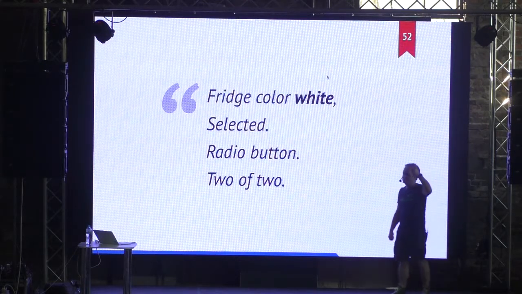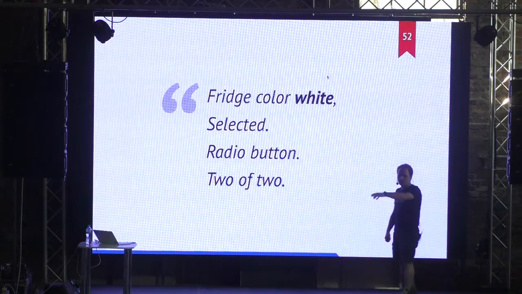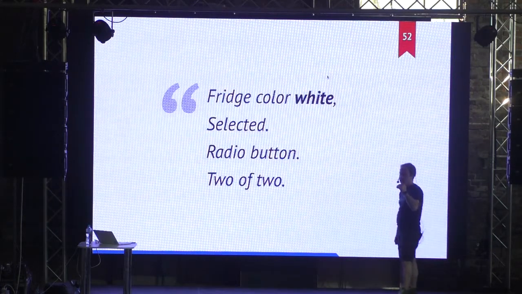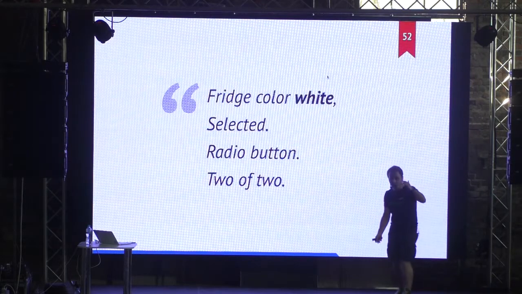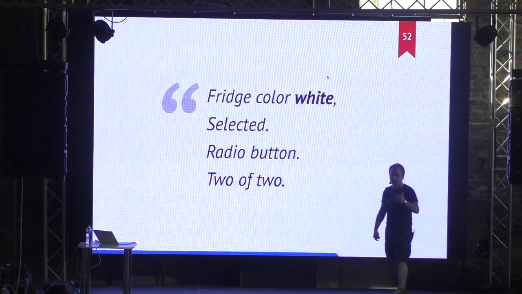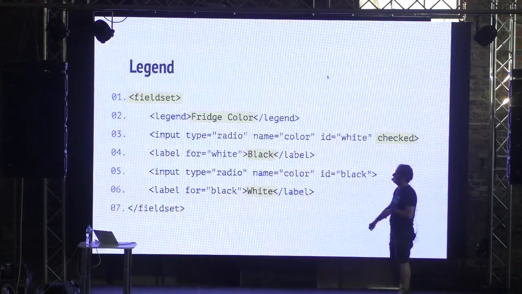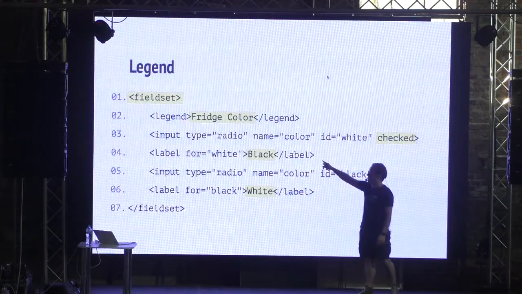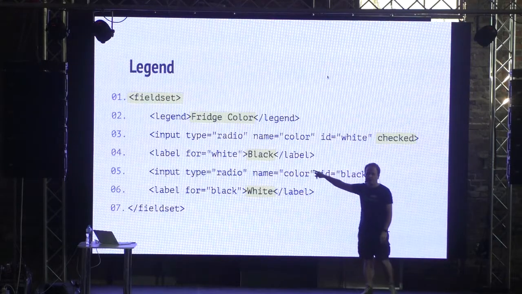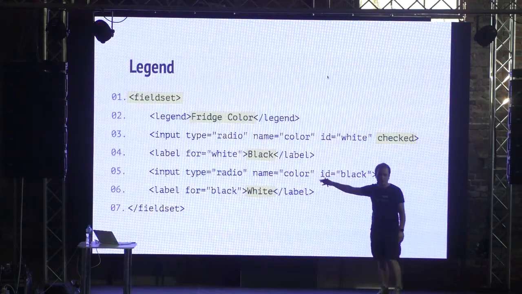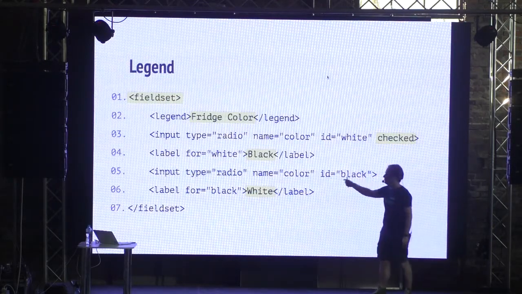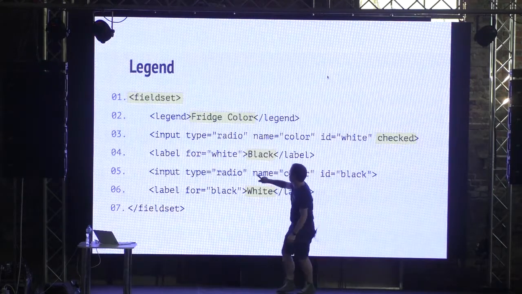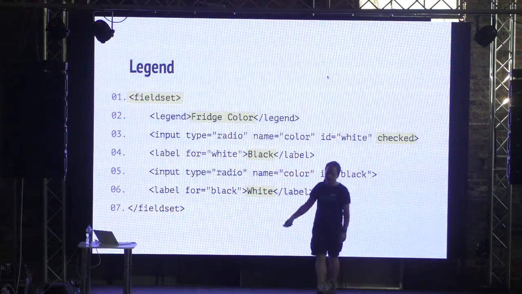You might expect screen reader to just read it once and then go down, but no, it will read it before every single input in this fieldset, because it's a caption of a group, and this caption should be read before every member of this group. This is so useful. So please choose content of the legend element very wisely, so they would make sense once they are read before actual labels. So fridge color black, fridge color white, very useful.